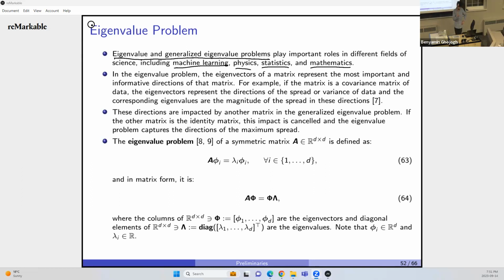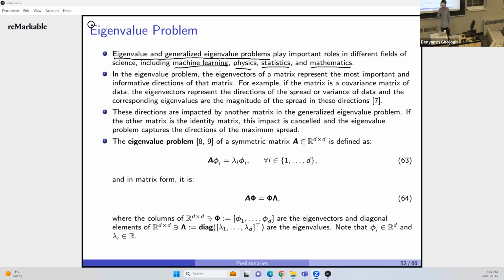So I will have some eigenvectors and eigenvalues. What do they mean intuitively? When I have the eigenvectors and eigenvalues of a matrix, what do they tell me? Matrices usually have some directions in some space. Eigenvectors are the important, informative directions of the matrix.